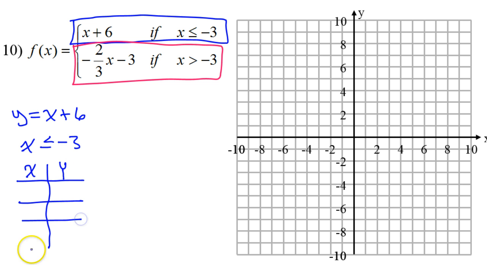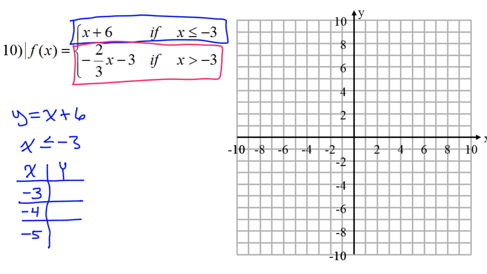Usually 3 values are enough to get us started. But I'm going to start with -3 for sure. That'll be the first number I put down. Now, if I want values that are less than -3, then I'm going to go to -4 and -5.